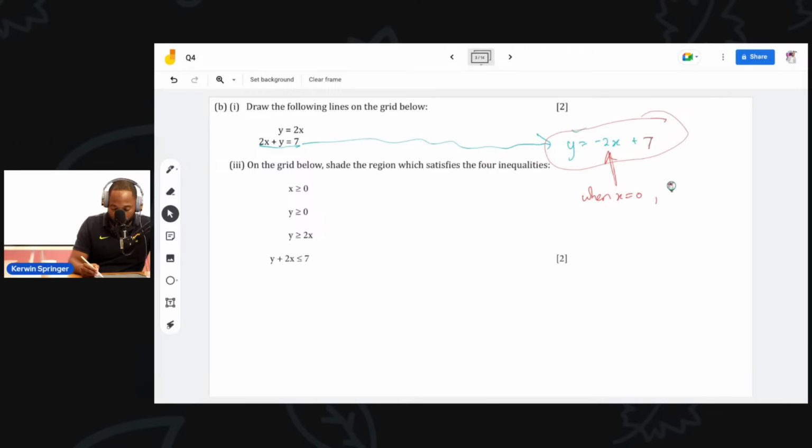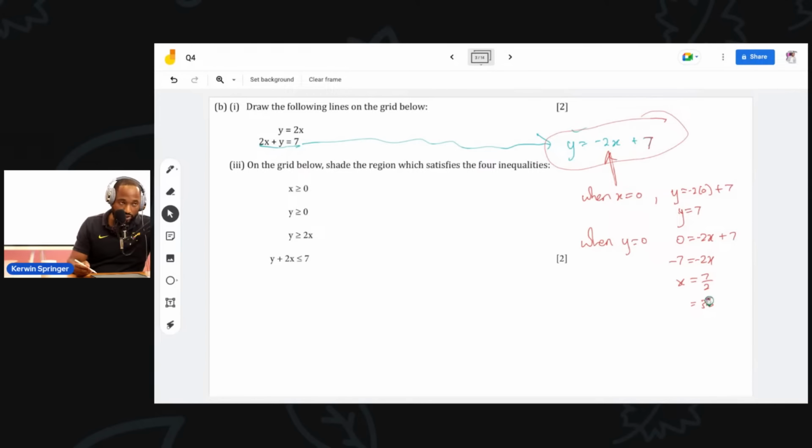This is y is equal to negative 2 times 0 plus 7. So you immediately get the 7 showing up here, which is c, the y-intercept anyway. And when y is equal to 0, 0 is equal to negative 2x plus 7. So negative 7, negative 2x, x will be equal to 7 over 2, which is 3.5.